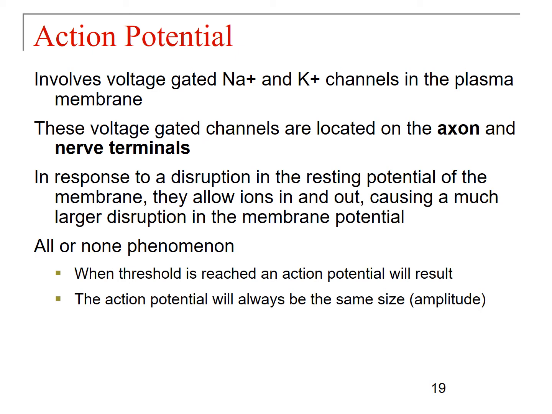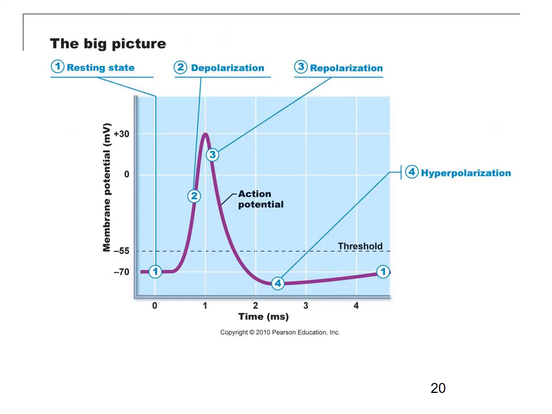Now the action potential will always be the same size or amplitude, and that makes a little bit more sense when you look at a graph of it. Okay, so here's a graph that shows this, and what you can see here is on the y-axis you've got a charge of negative 70 millivolts. Okay, that's your normal charge. Now this right here, the dotted line, is the threshold at negative 55. If you have a disruption that pushes that charge up to negative 55, then you're going to see an action potential start.